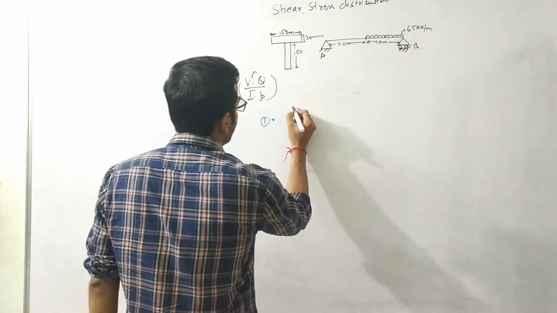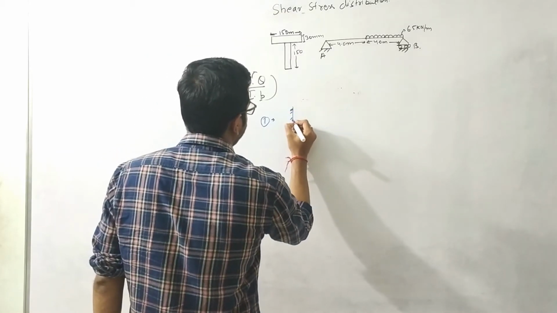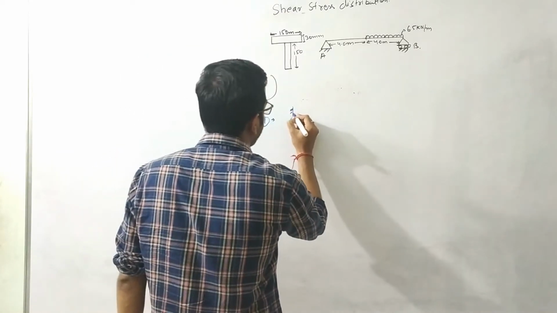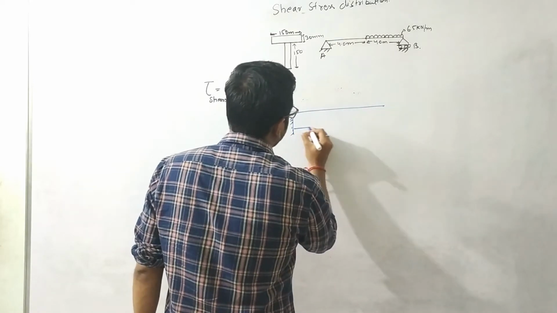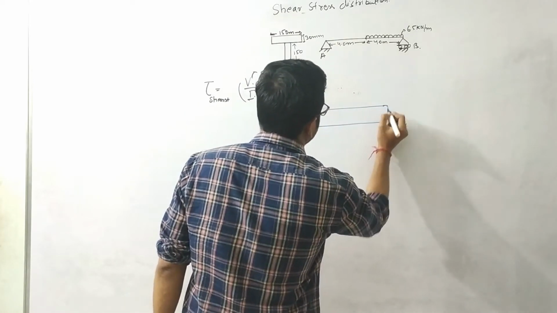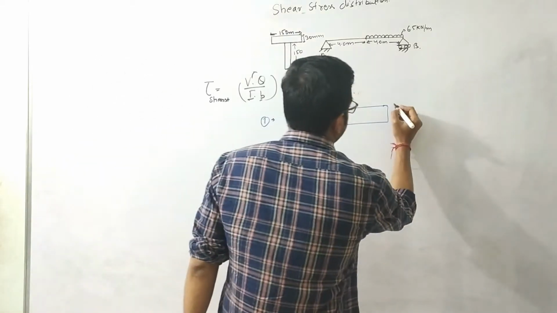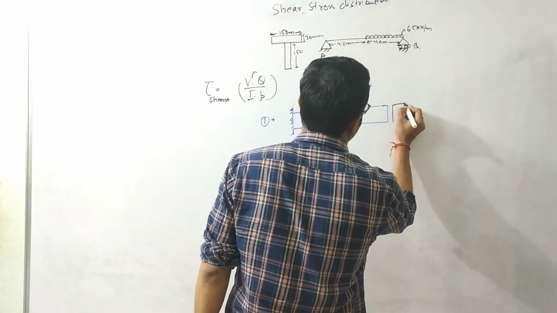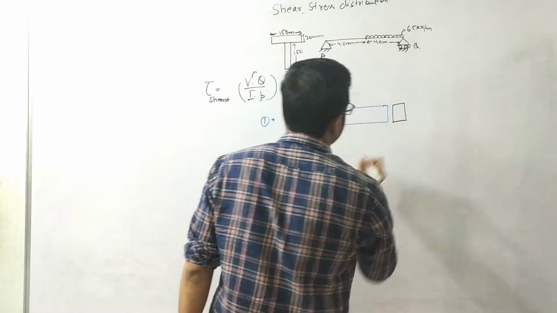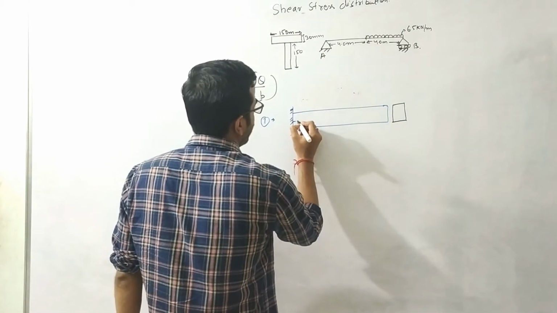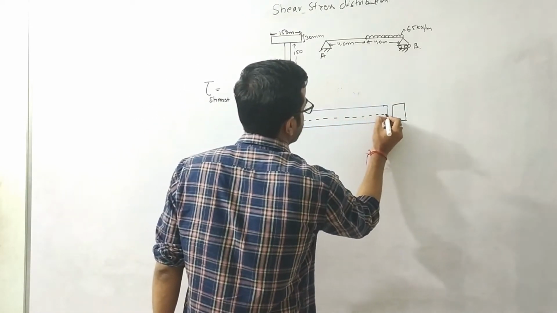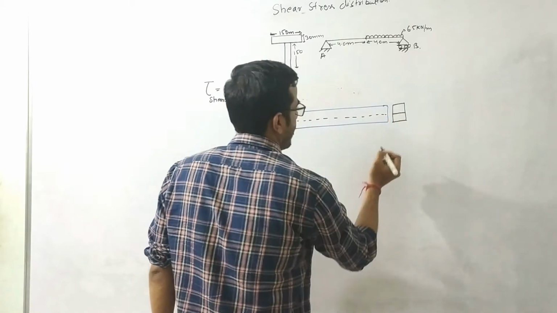Basically, when we have a load over here, let us suppose this is my cantilever beam, and this is the cross section of this cantilever beam. This is my longitudinal axis, and here is the neutral axis.